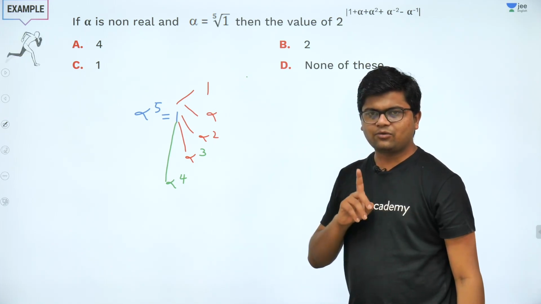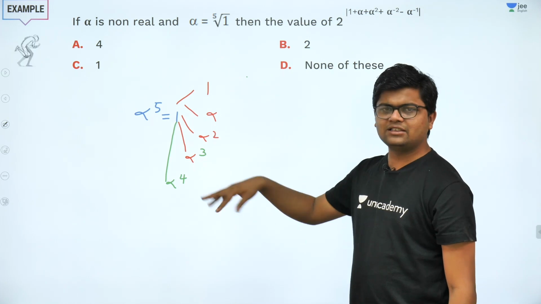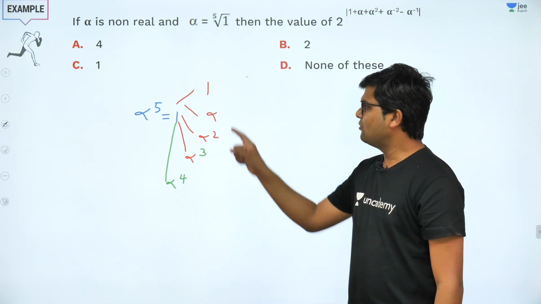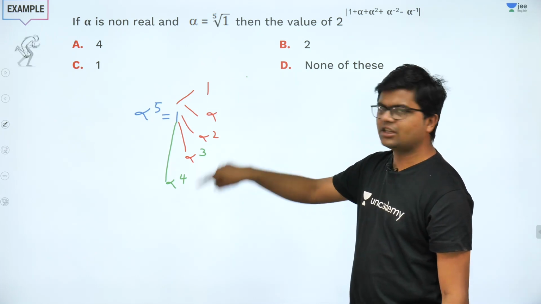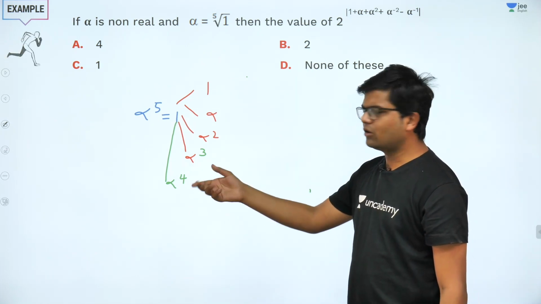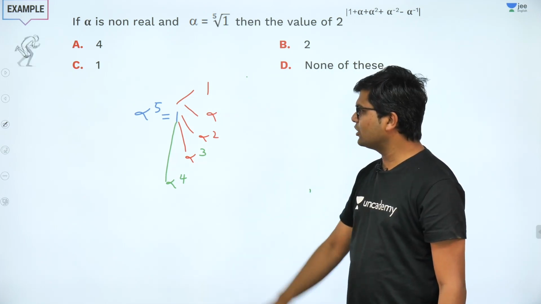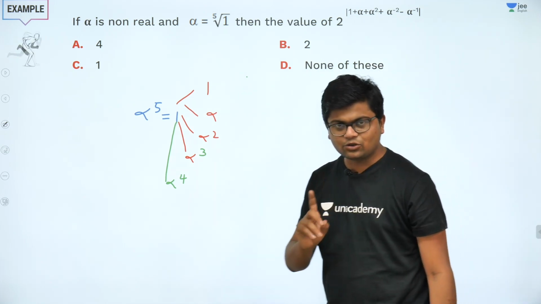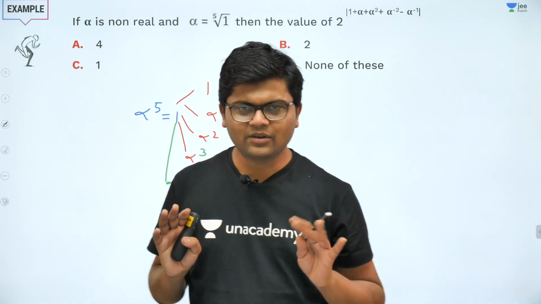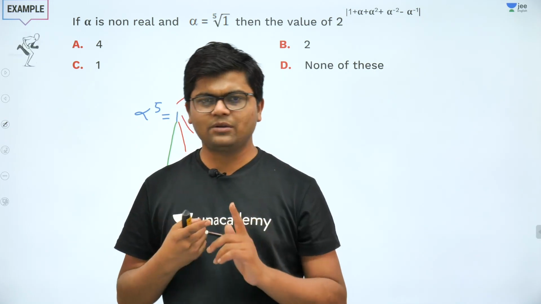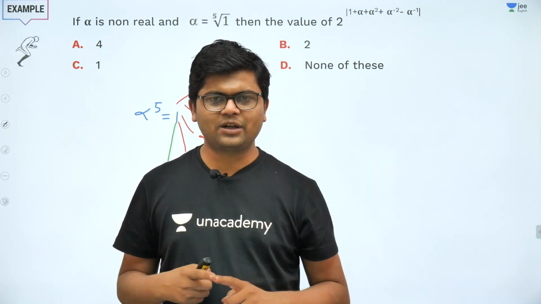Now these 4 complex roots have a property that pairwise they are conjugate of each other. First complex root and last complex root are conjugate of each other. So alpha power 4 conjugate will become alpha, and alpha cube conjugate will become alpha square. You should always keep in mind that in case of nth root of unity, one is always a real root, that is 1, and the remaining n minus 1 are complex roots.